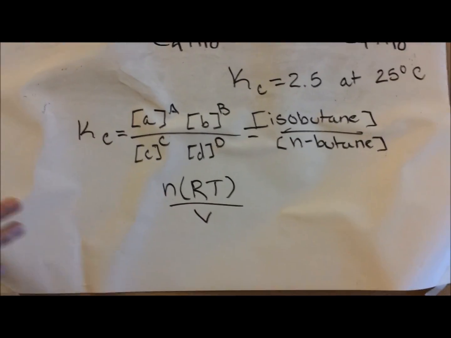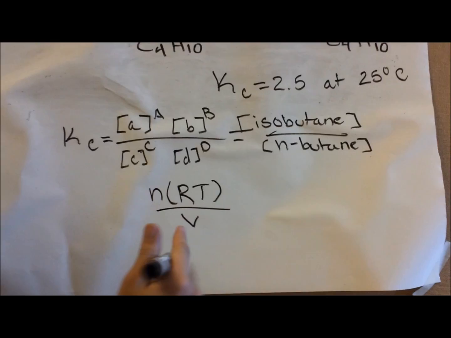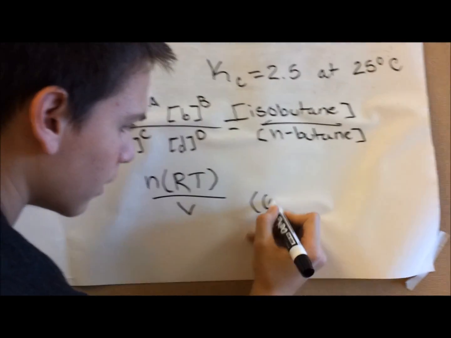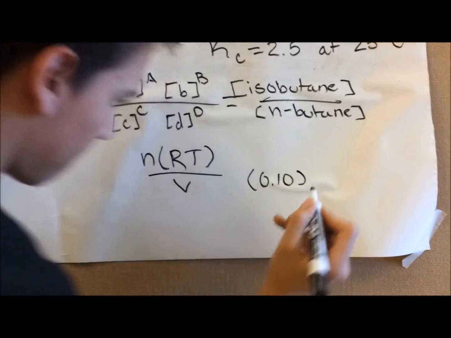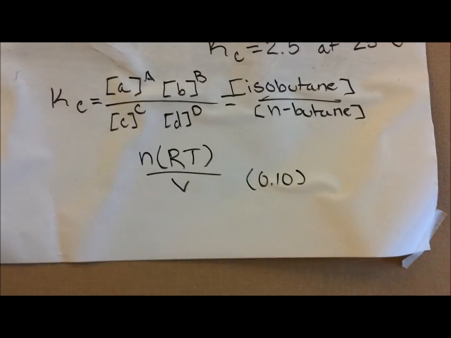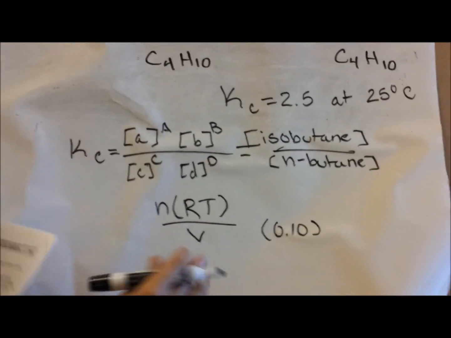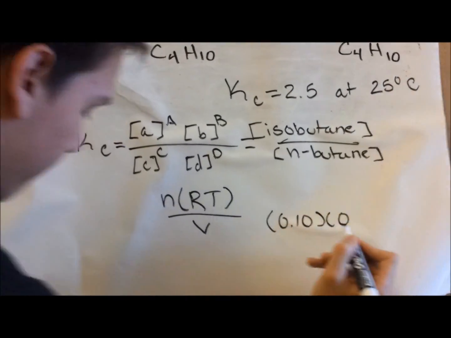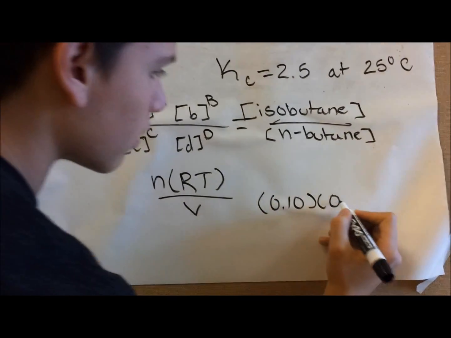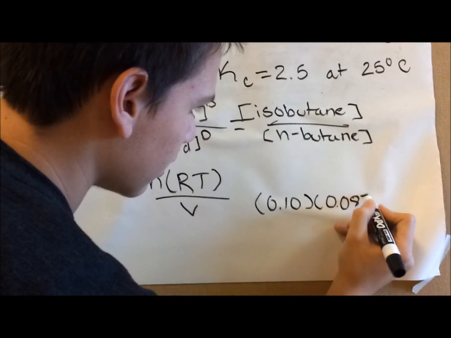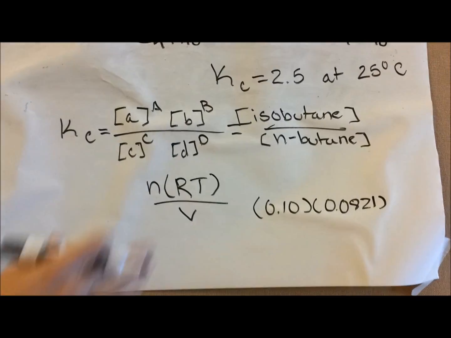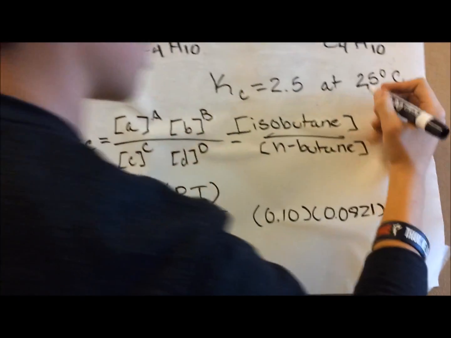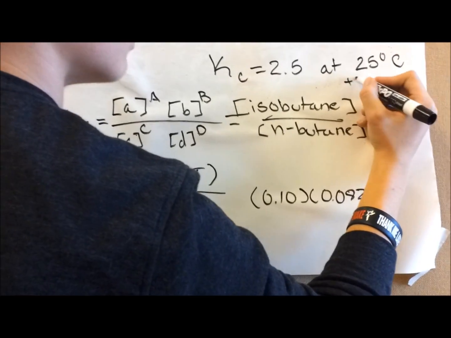So our initial amount is 0.010. Our gas constant is 0.0821, and our temperature is 25 degrees Celsius, but we have to convert that to Kelvin.